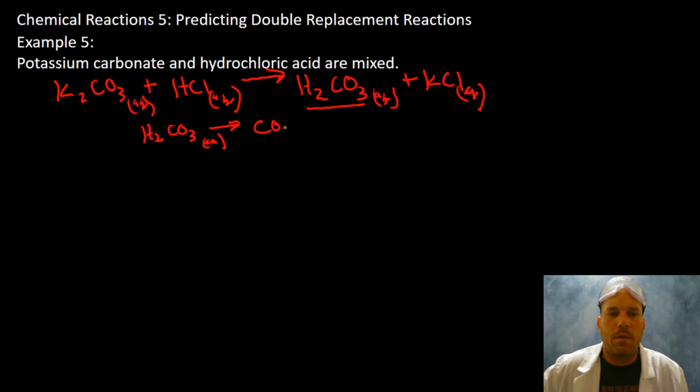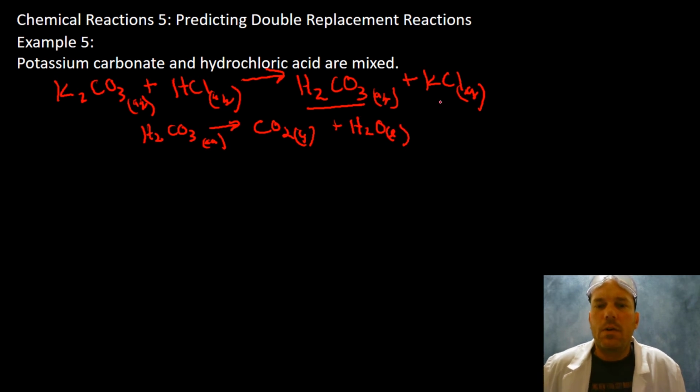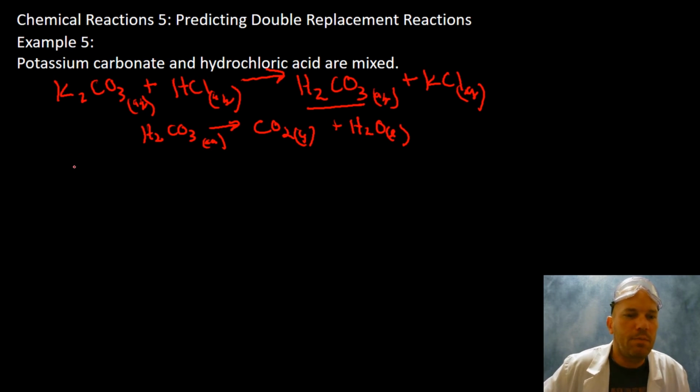It's going to turn into carbon dioxide and liquid water. So ostensibly you look at this and you say, okay, wait a minute, this is no reaction. This is a reaction. Carbonic acid will immediately decompose into a gaseous and liquid product, which means that this will occur.